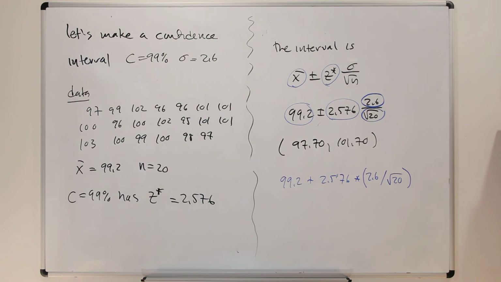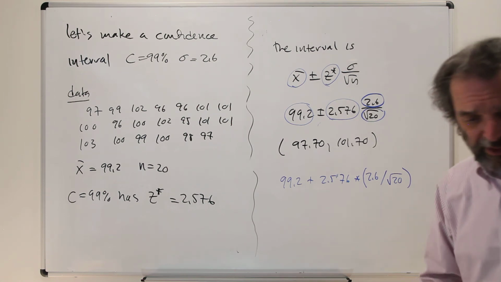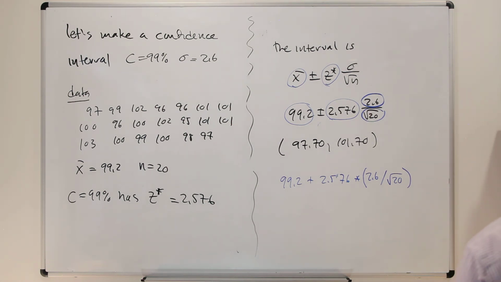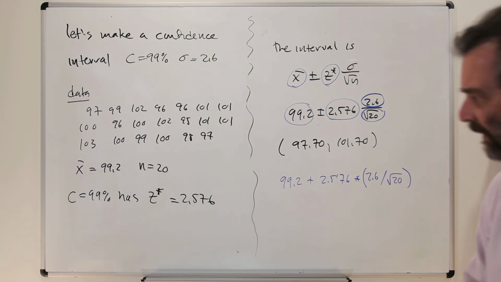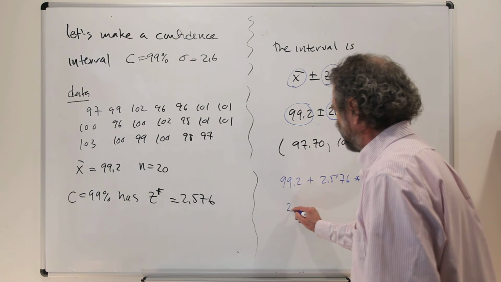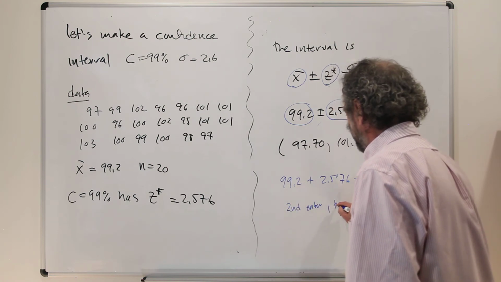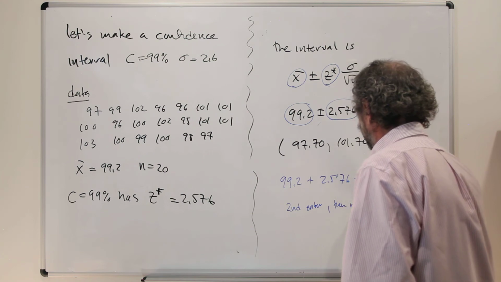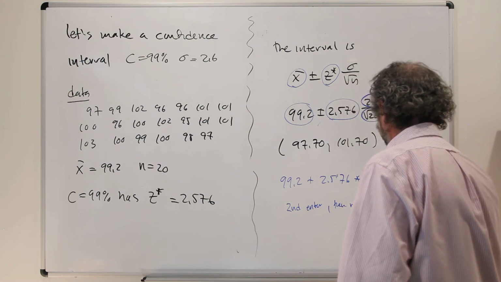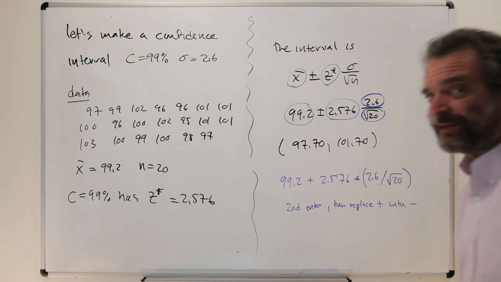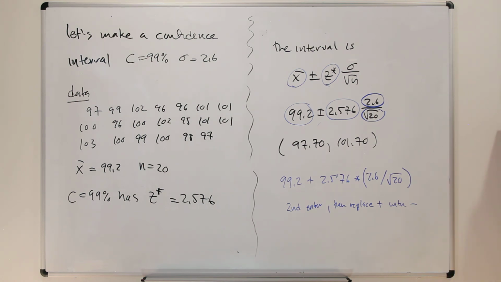And then, if you want to type that into your calculator once, if you hit second enter, it'll shorten your process, and then you can replace that plus sign with the minus sign and not have to type all that stuff again to get the other endpoint.